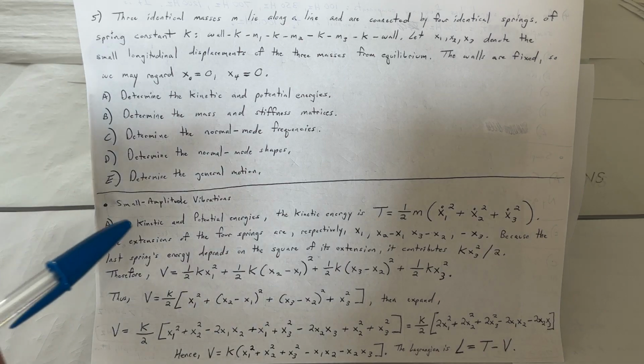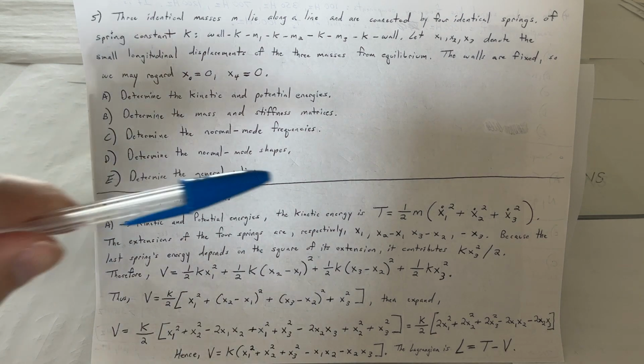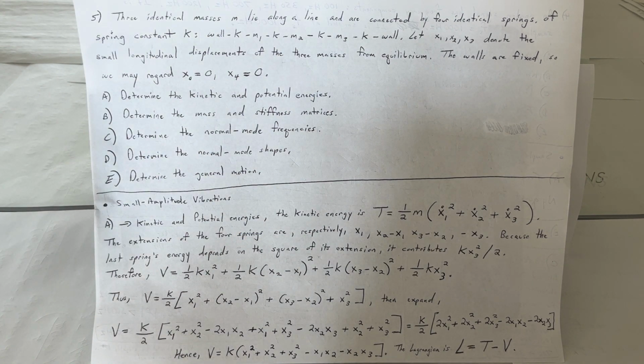So for part A, kinetic and potential energies, we can say that the kinetic energy is T equals 1/2 m times this quantity x sub 1 dot squared plus x sub 2 dot squared plus x sub 3 dot squared. And the extensions of the 4 springs are respectively x sub 1, x sub 2 minus x sub 1, x sub 3 minus x sub 2, and negative x sub 3.